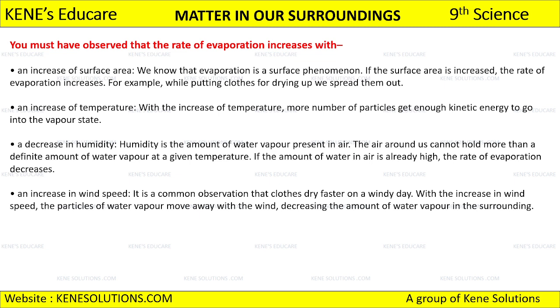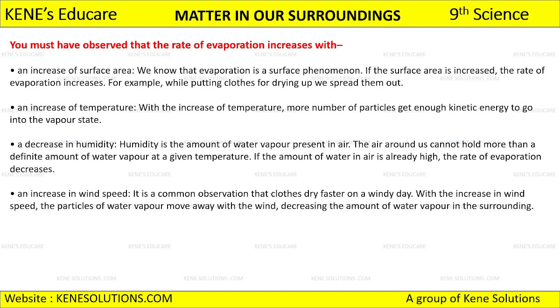Then now the rate of evaporation will increase with the decrease in humidity, because we are studying when it is increasing, right? So here we will say when humidity in the air decreases, rate of evaporation will increase. So what is humidity? Humidity is the amount of water vapor present in air.